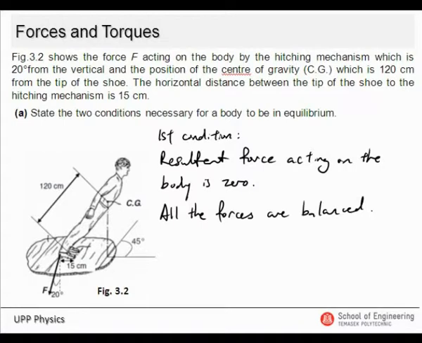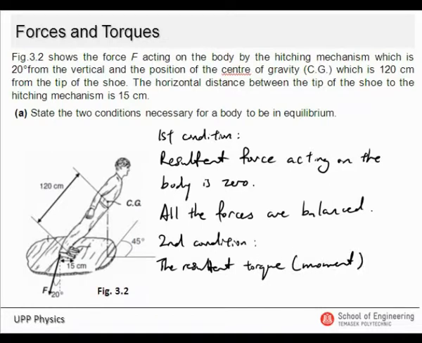The second condition is the resultant torque or moment about any pivot is 0. The resultant torque, sometimes we call that moment, about any pivot is 0.